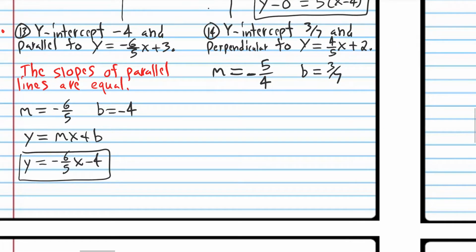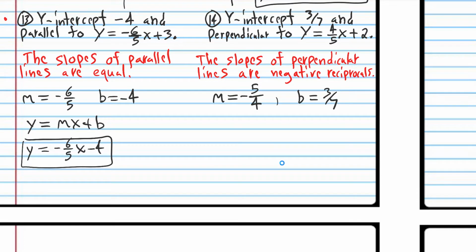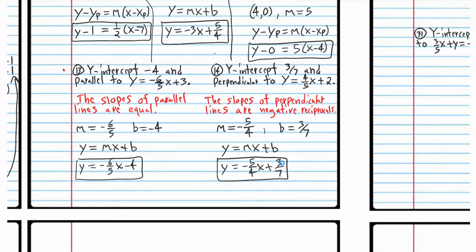So I'm going to move this down so I can write that general rule. The slopes of perpendicular lines are negative reciprocals. So now we can use y is equal to mx plus b, and m is -5/4, and b is 3/7, and we're done. So that's the equation of the line.